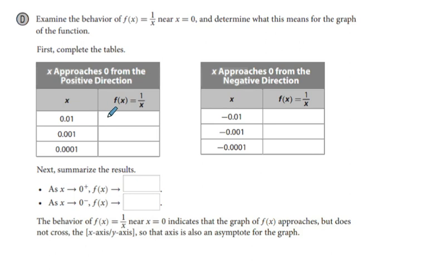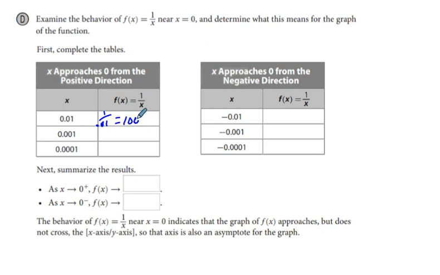For the first one, 1 over 0.01 is equal to 100.